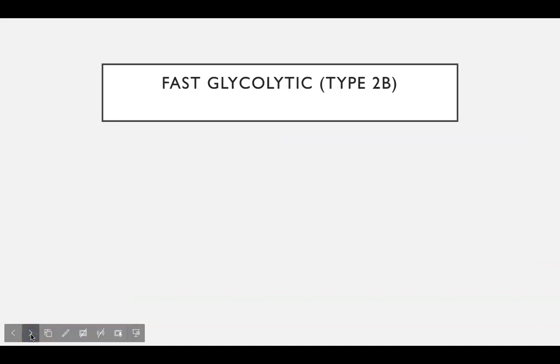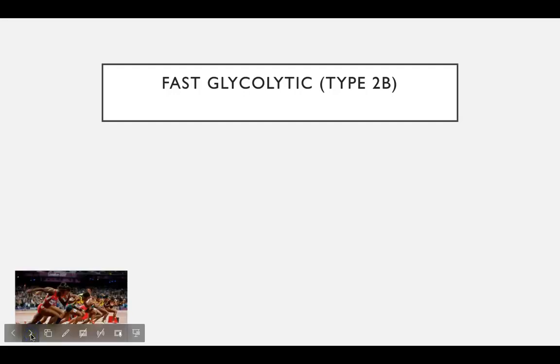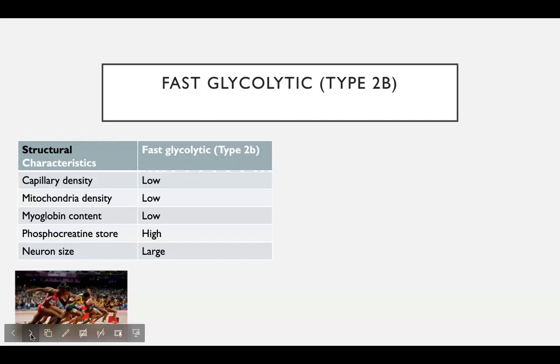Lastly, with regards to muscle fibre types, we've got fast glycolytic type 2B. So structural characteristics: capillary density low, mitochondria density low, myoglobin content low, phosphocreatine stores high, neuron size high. So the structural characteristics of this type of muscle fibre are low capillary density, low mitochondrial density, low myoglobin content, high phosphocreatine stores.